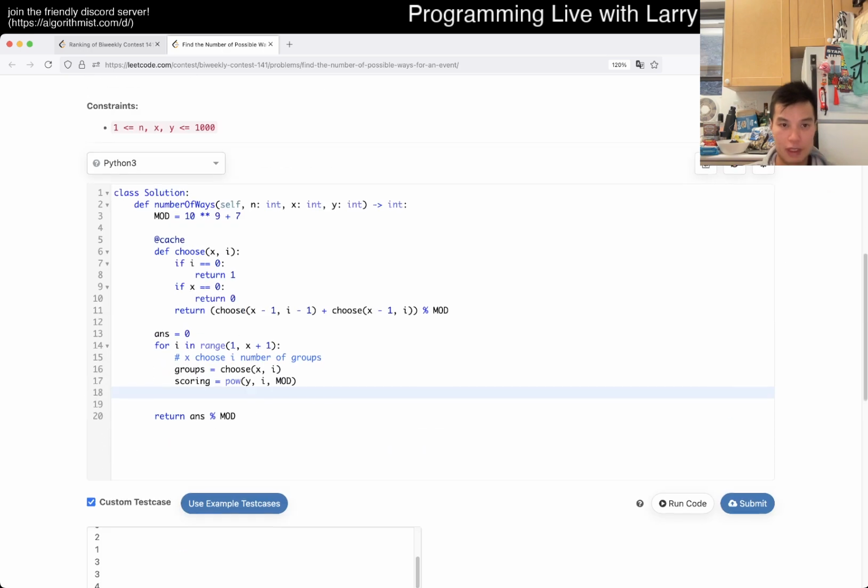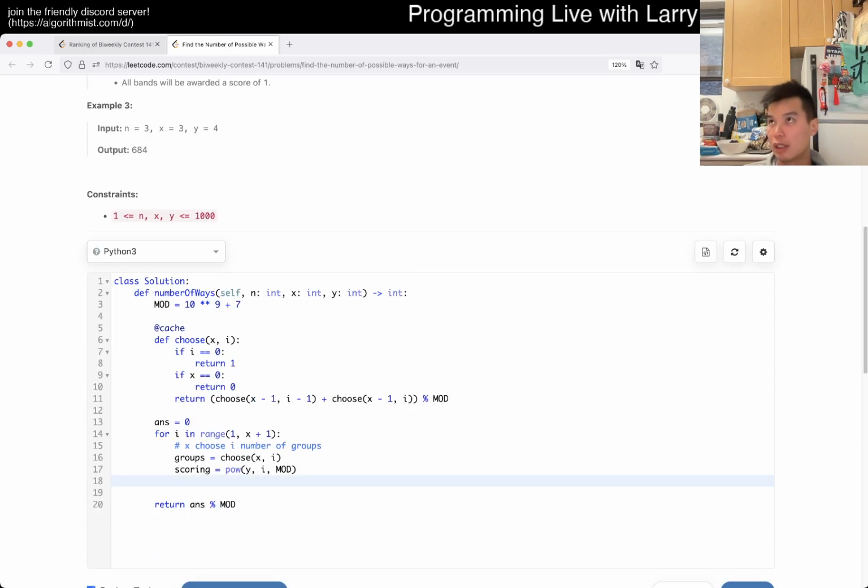And then the thing is that then now it is number of ways to do this, right?